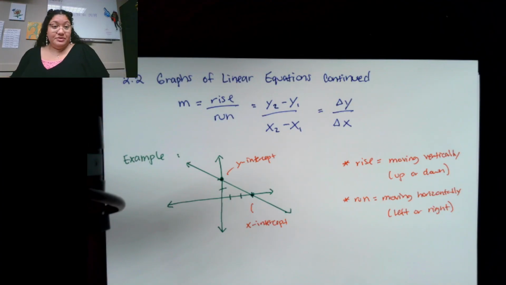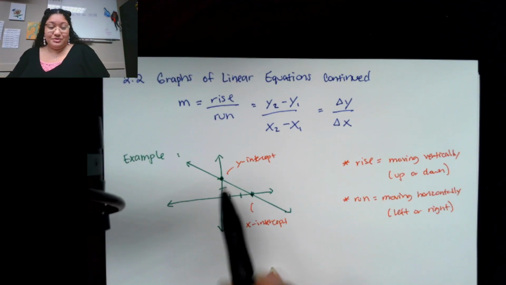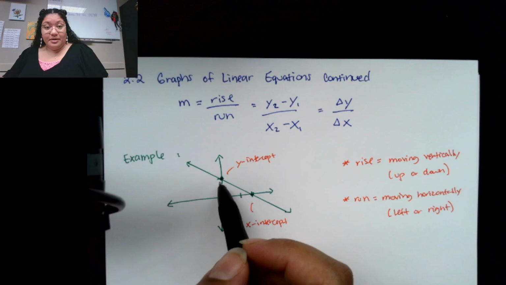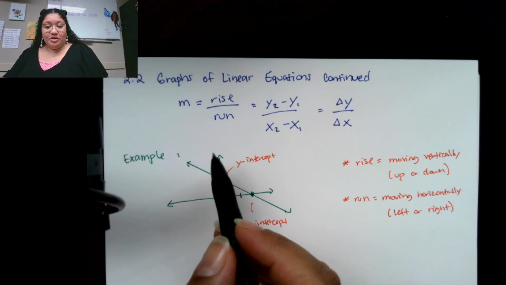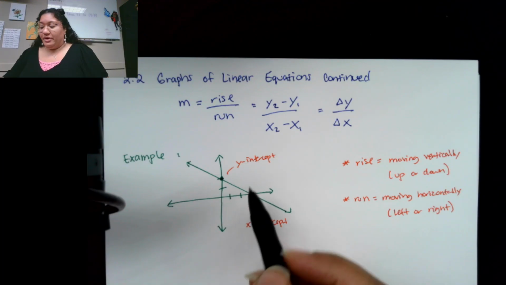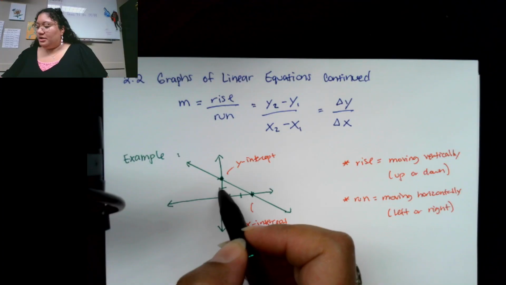So I'm going to choose either one. I just happen to choose the one over here. I'm going to count how many moves I make going up or down, and then how many moves I make going to the left or to the right. Okay, I go 1, 2.